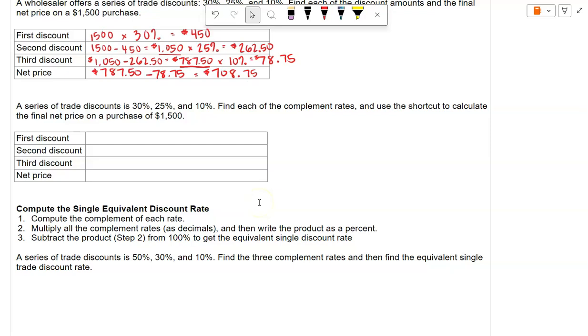We can calculate the same problem using the complement method. My first discount complement rate is going to be 100% minus 30%, which gives me 70%. Let me just write complement rates. Right now, I'm just going to find the complements of each of these.